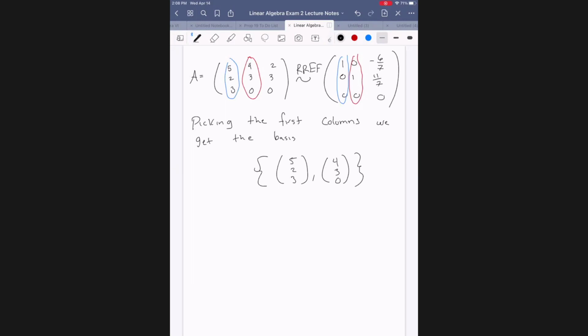So the column space of A can also just be written as the span of (5, 2, 3) and (4, 3, 0). Okay. All right. But now we have a basis for the column space.